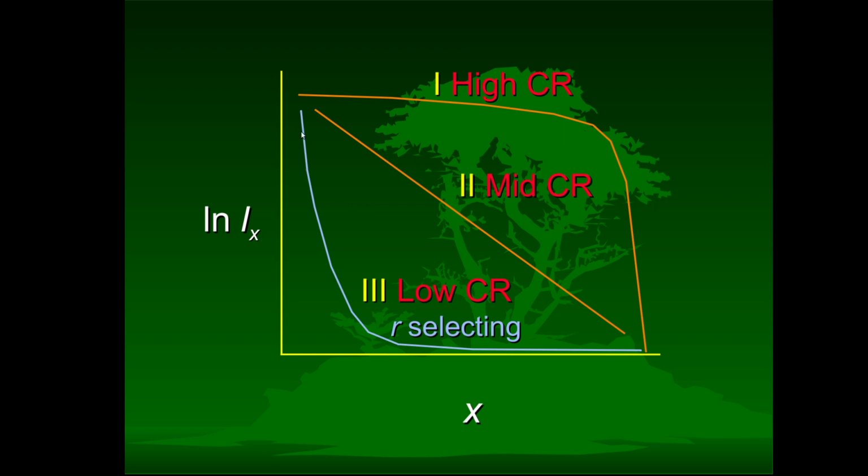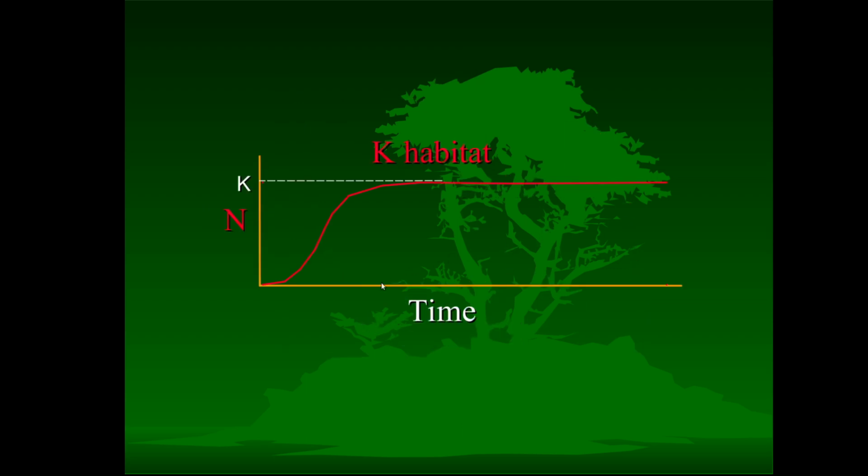And all of this can be expressed in terms of the life table survivorship curves. In that R-selecting habitat, if you allocate your resources into reproduction, fast reproduction, then you're not allocating resources into maintenance and survivorship. Therefore, your survivorship should generally be low in R-selecting species and habitats. Whereas in a K habitat, you're near the carrying capacity all the time, and density-dependent factors are dominant, not density-independent factors.